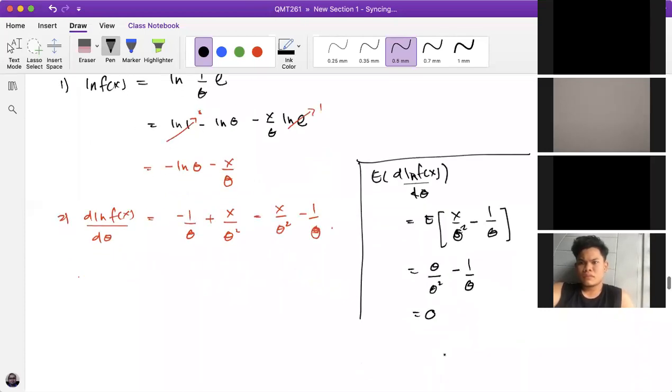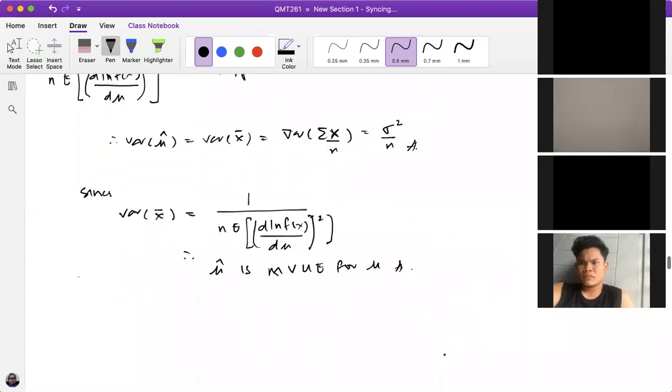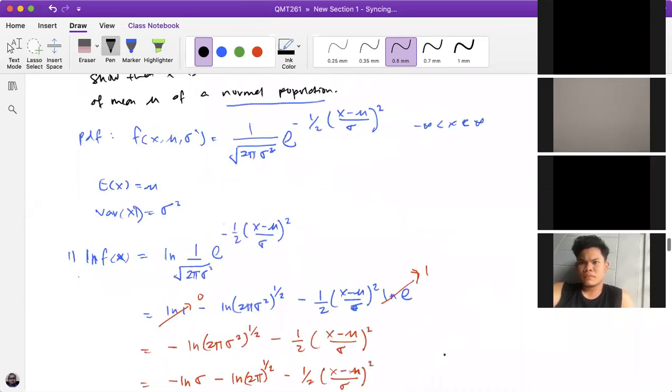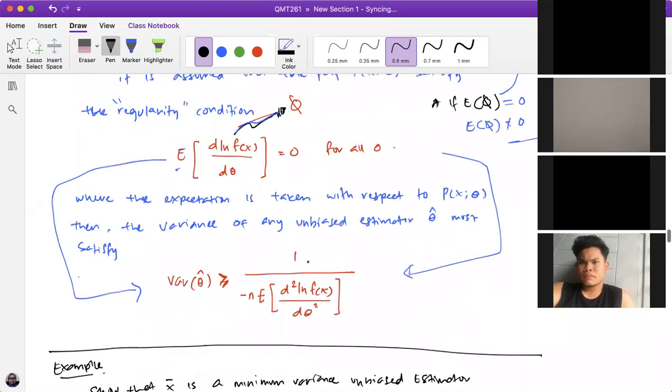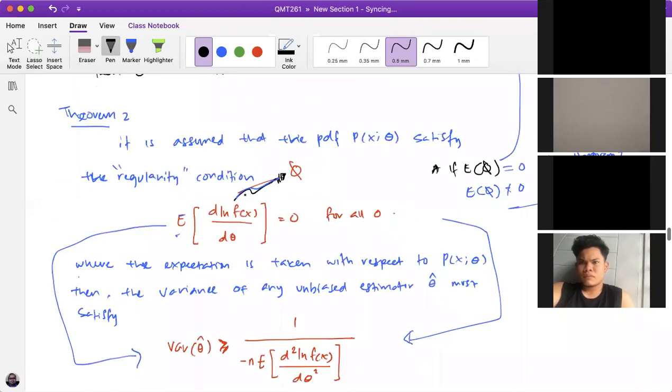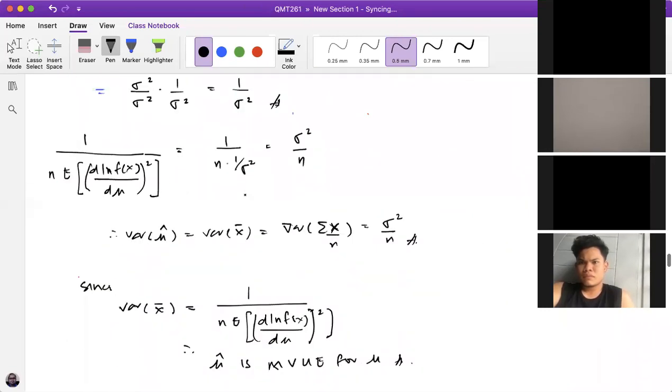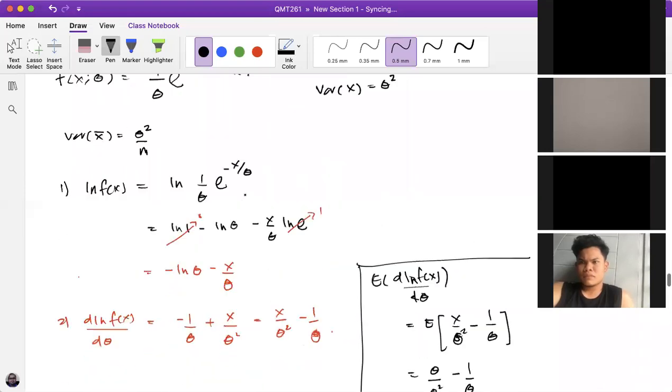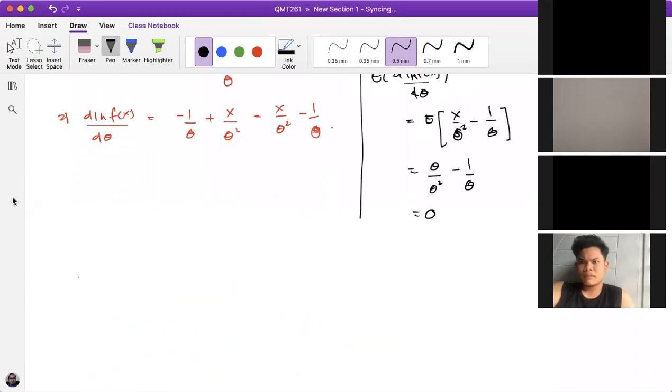Since the expected value of the derivative of ln f(x) with respect to theta is equal to 0, we can use theorem number 2. Theorem number 2 says that we need to do an extra derivative, the second derivative: d squared ln f(x) divided by d theta squared.